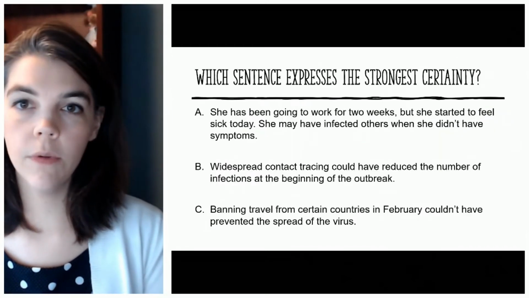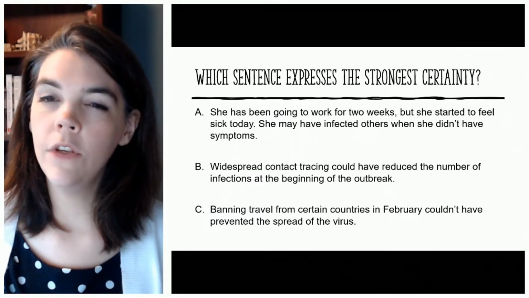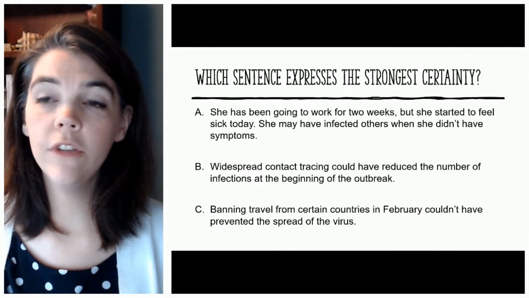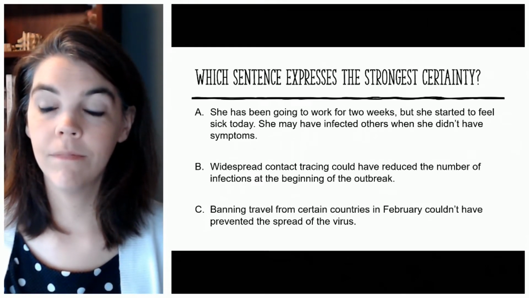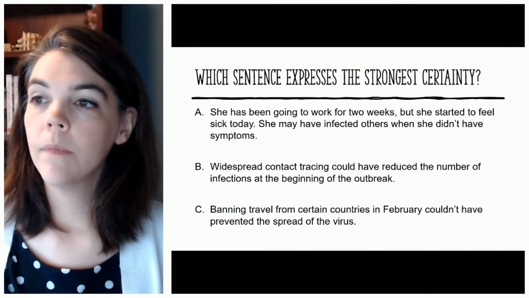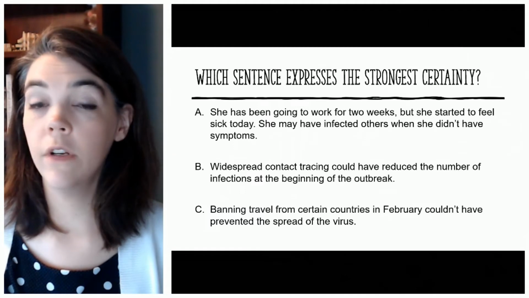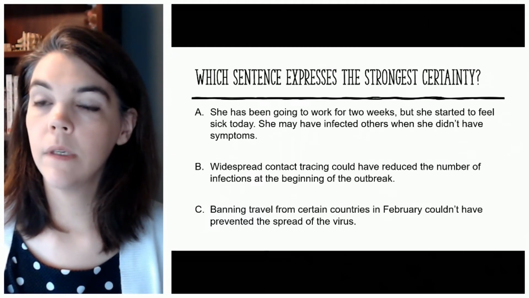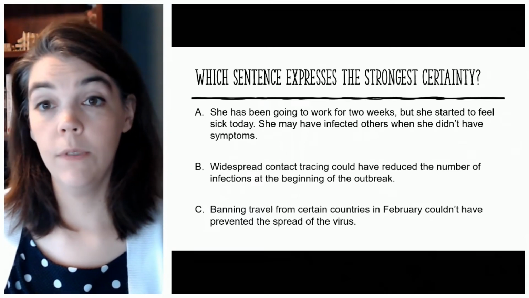All right, so here's 3 sentences. Take a minute, pause the video, and then you decide which sentence has the strongest certainty. All right, let's look at it. So, she has been going to work for 2 weeks, but she started to feel sick today. She may have infected others when she didn't have symptoms.